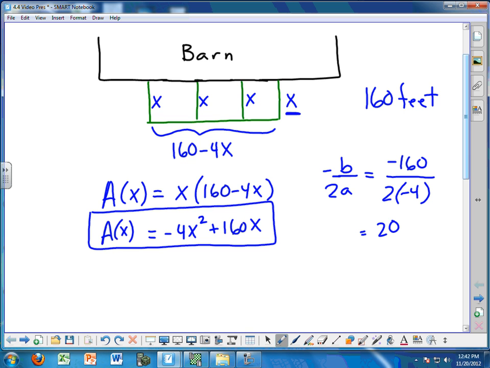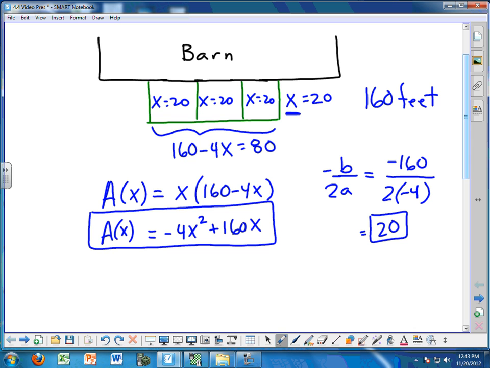So x is 20. That gives us the x value for the maximum. This would be right here. And that would mean each of these is 20. So 20, 20, 20, and 20, which leaves the remaining amount, 80, for the long side. So this would be 80.